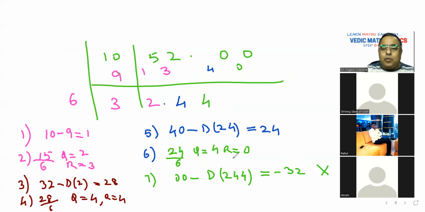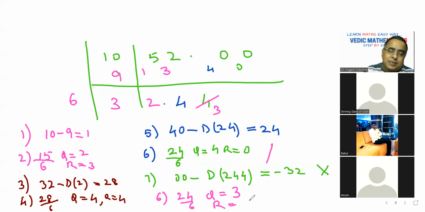So what we do generally when the answer comes negative. This was in the flag method also, but then we tried with Vinculum numbers. Here also we'll try to use it, but the initial procedure we follow is to change this sixth step. Sixth step again, 24 divided by 6. We make the quotient 3. We reduce the quotient. So 6 times 3 is 18, the remainder would be 6.